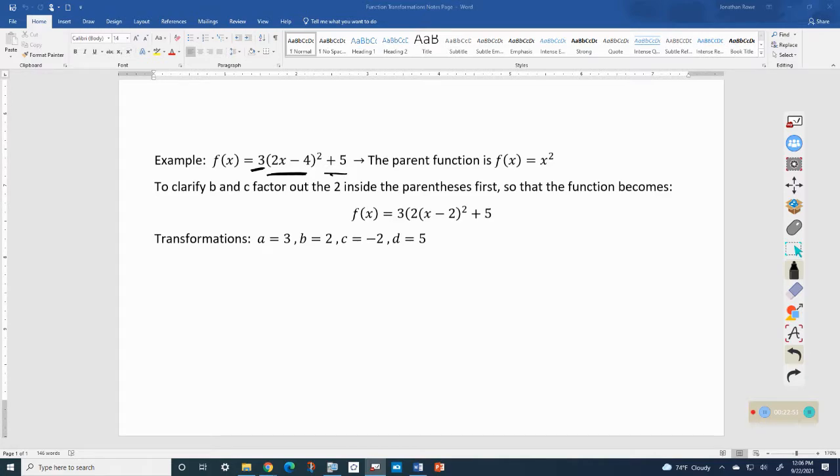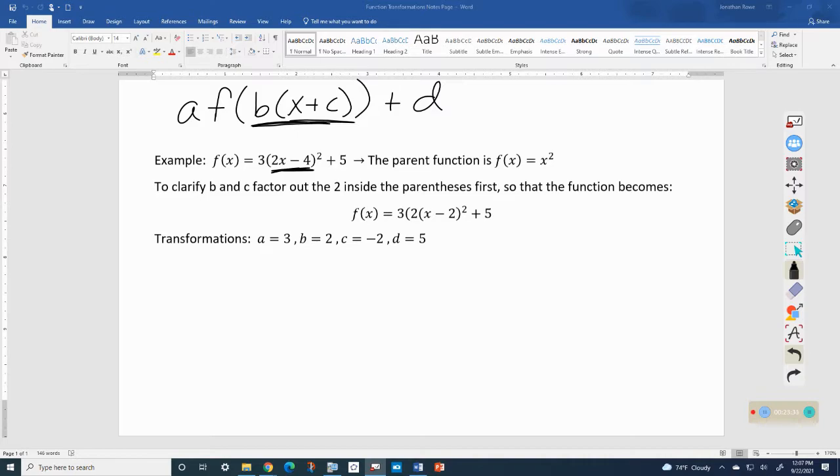So what we need to do first, if we have a B and a C, we need to get it in this format: A times f of B parentheses x plus C plus D, which is what I had up at the top of that note page. Which means, in order to clarify what B and C truly are, if there's a number in front of that x, you gotta factor that number out. Whatever number's in front of that x, factor it out inside of that parentheses.